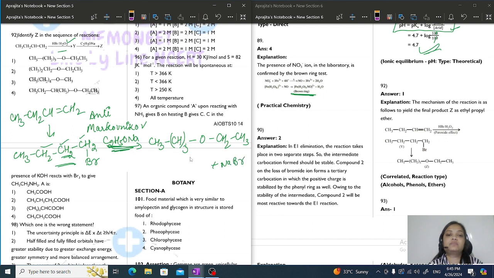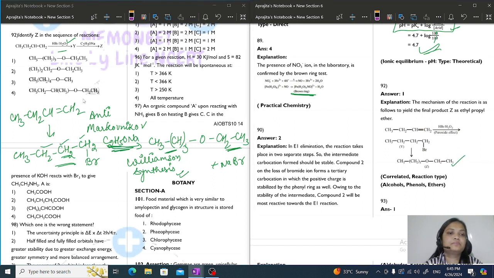So this is Williamson's ether synthesis happening in the second step. So this will be the ether that is formed. Ethyl butyl ether will be formed. So that is going to be the answer, which means it's option number 1.